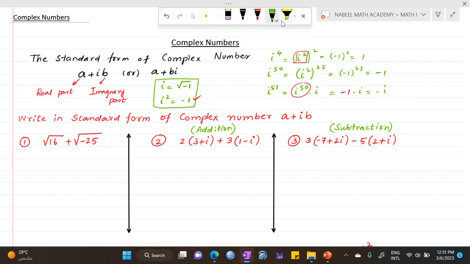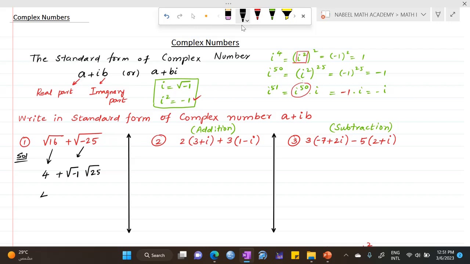Now we will go through the addition and the standard form of a complex number. What is the standard form of a complex number here? Here we have square root of 16 plus square root of minus 25. So it can be written as 4 plus, if you separate the root, square root of minus 1 times square root of 25.